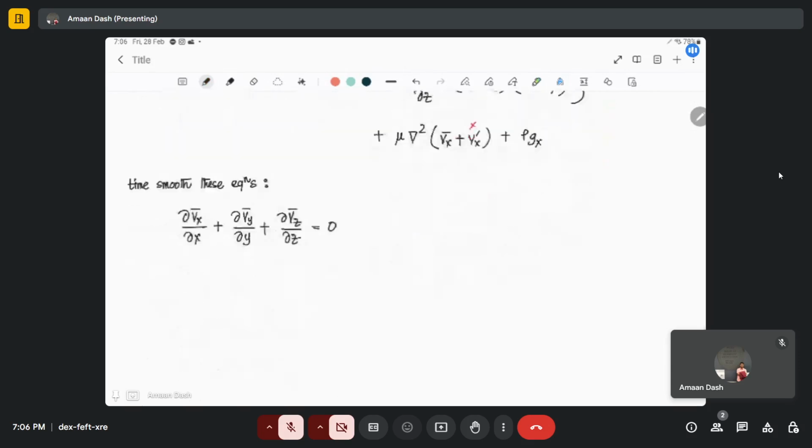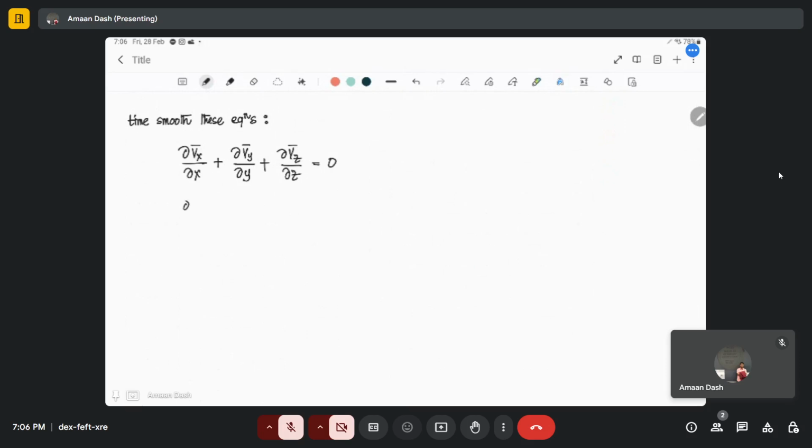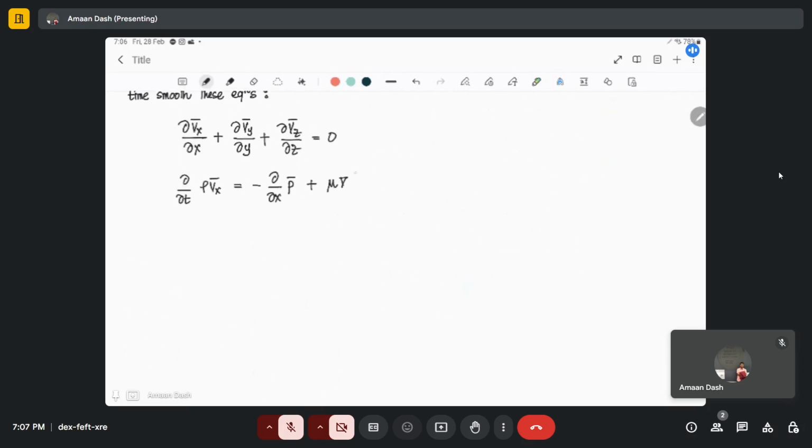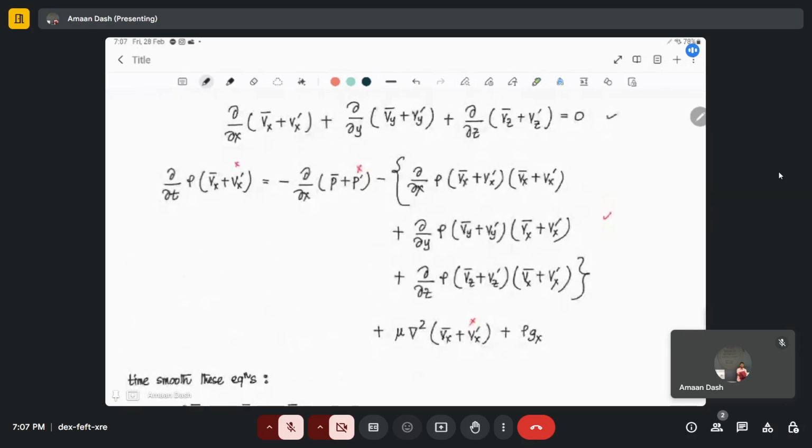So if I write, we have dou by dou t of rho Vx bar, that will be equal to minus dou by dou x of p bar plus mu times del square of Vx bar plus rho times gx plus these terms.